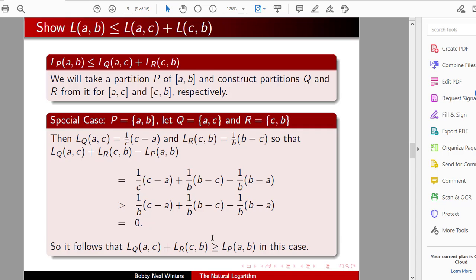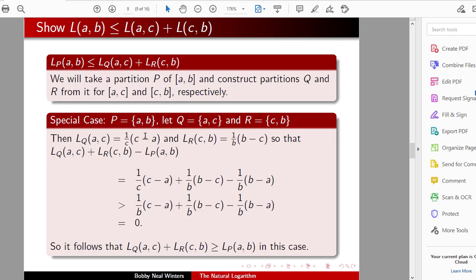Now show that L of AB is less than or equal to L of AC plus L of CB. Well, LP of AB is less than or equal to those. How? Take a partition of AB, and we will construct partitions Q and R from it for AC and CB as follows.